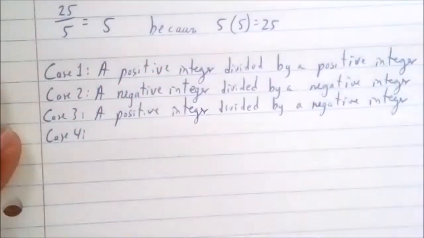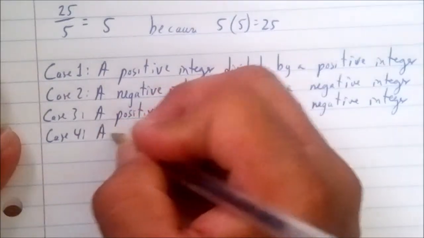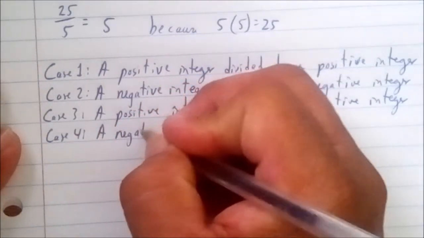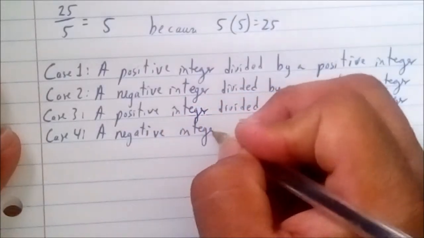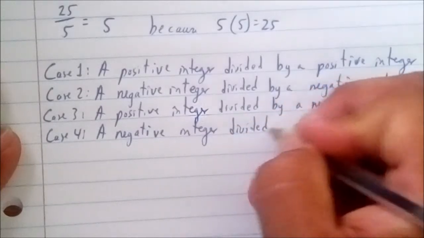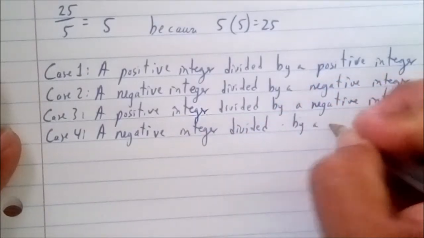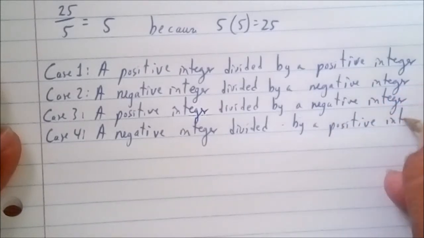Case 4, okay, case 4 now is going to be a negative integer divided by a positive integer.